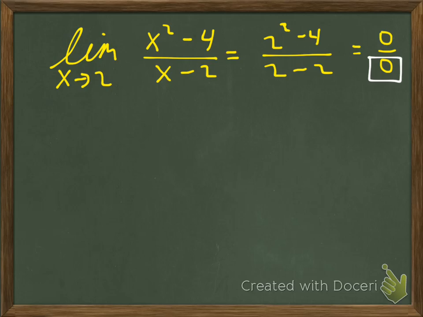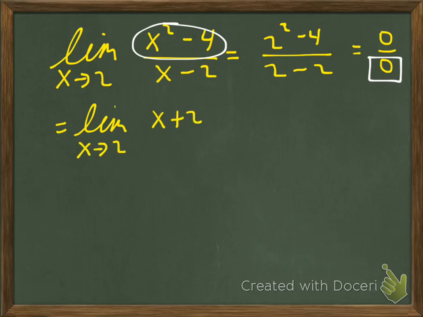Well, in this case, you should be able to notice here that x squared minus 4 could actually factor, and so we're going to simplify our fraction a little bit here, and we're going to factor it. x plus 2 times x minus 2, and that's still divided by x minus 2.